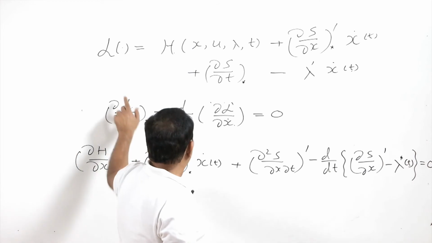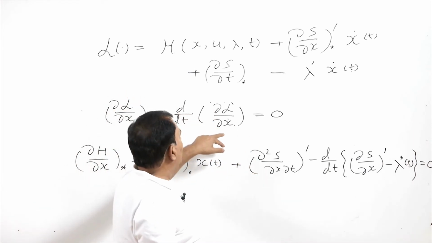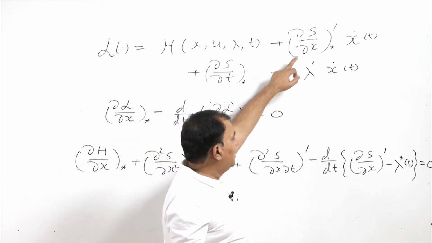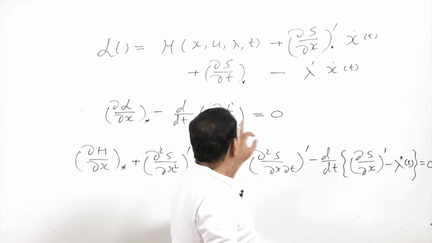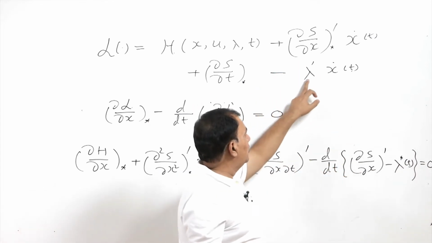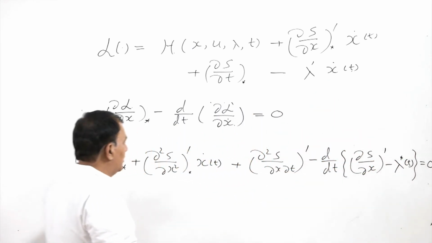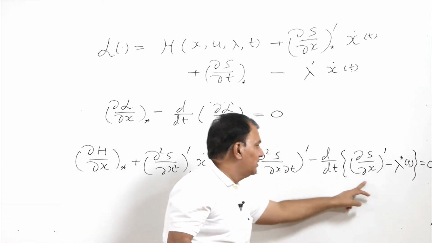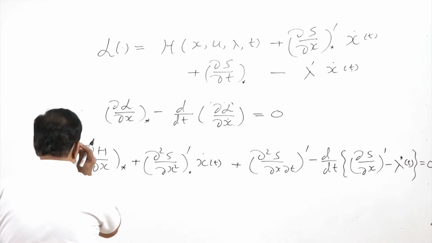So, my first term will give me the first 3 terms. Then d by dt of del L by del x dot: H is not a function of x dot, but a function of x dot is del s by del x prime, and another function of x dot is lambda prime x. So, minus lambda prime equal to 0. This equation, if I further expand the d by dt part, what will we get?